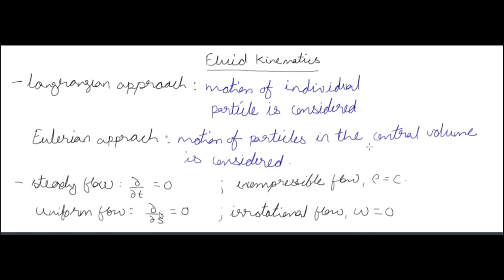Incompressible flow means density is constant, and irrotational flow means there is no rotational component of the velocity, so angular velocity omega is equal to 0. Omega is the angular velocity. Don't confuse it with w; it's not w, it's omega.